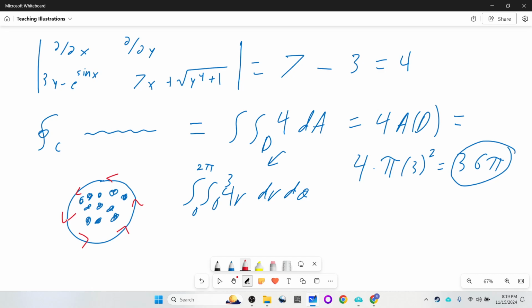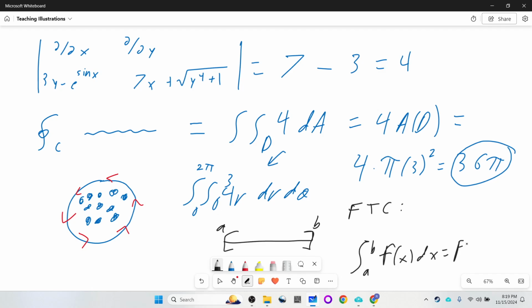And in a way, it's kind of the same thing as the fundamental theorem of calculus, because the fundamental theorem of calculus said if we want to integrate from A to B along some region, it's the same as the antiderivative at B and at A subtracted, which is another kind of surprising thing.